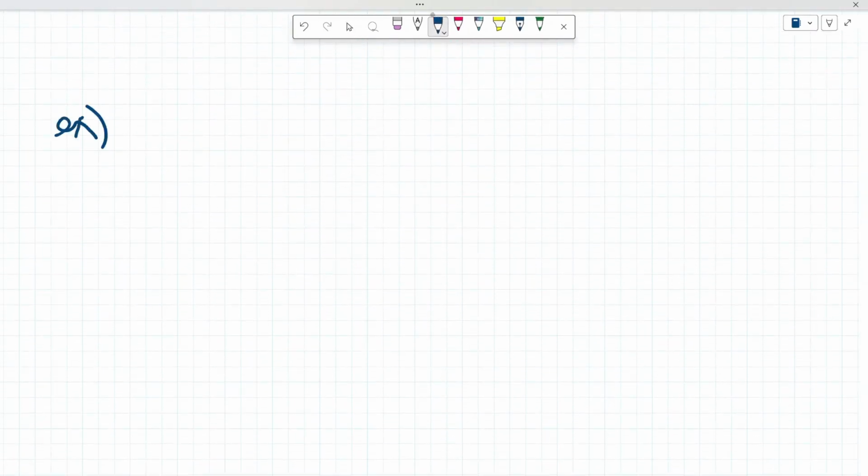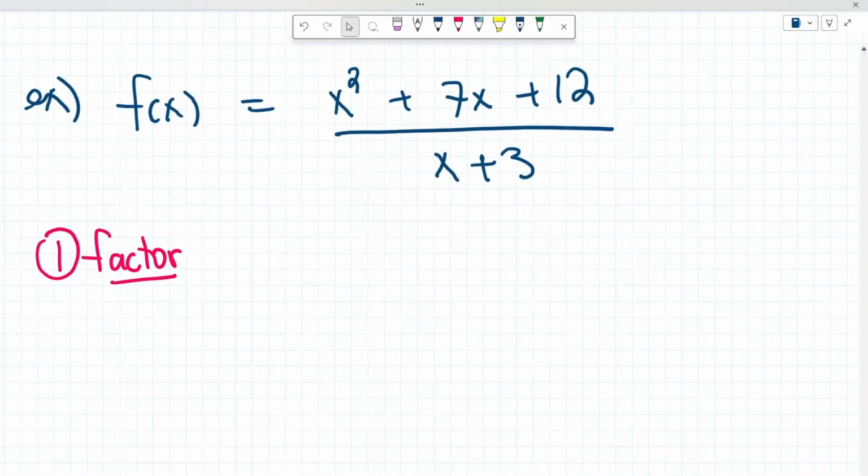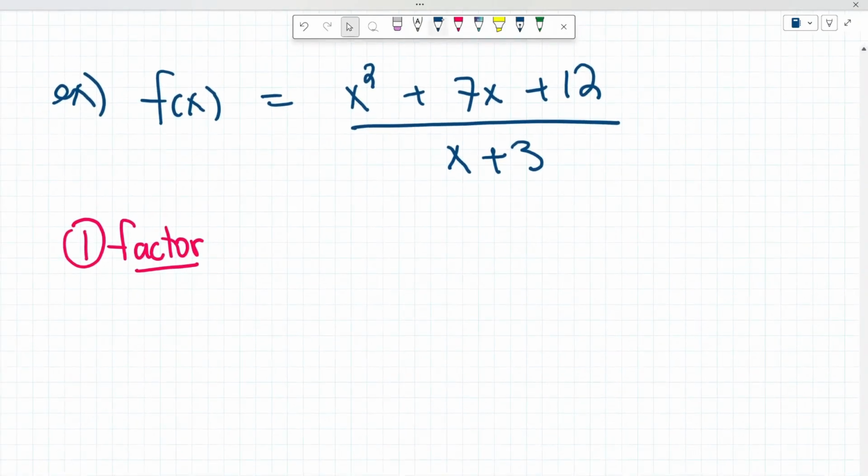So our first example is f of x equals x squared plus 7x plus 12 divided by x plus 3. Our step one is to factor the numerator and the denominator. In my previous videos, I show many different techniques for factoring, so here, let's apply one of them.